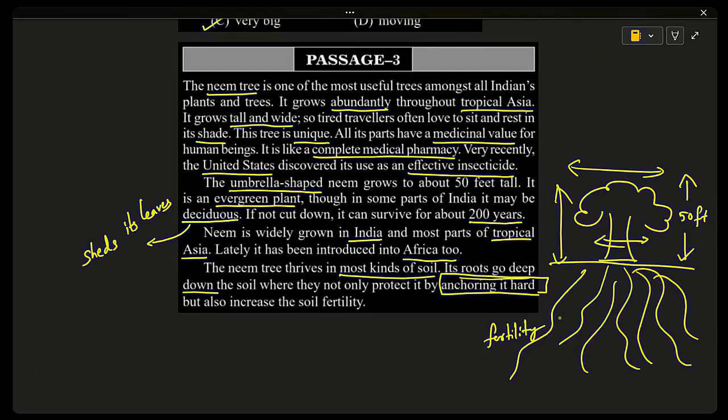That's why the farmers, before they grow new crops, first try to increase the nutrient value of that soil by using some kind of fertilizers or neem leaves, etc. They have methods to increase the fertility of the soil. So everything is given about the neem tree only. Let us try to answer the questions.